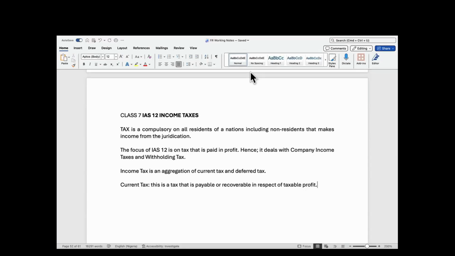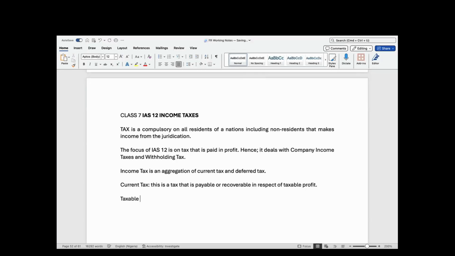So if you make a taxable profit of 100,000 and the law says pay 30% CIT and 4% development levy, when you sum those two together, that is current tax.